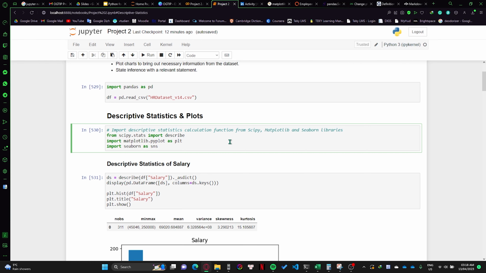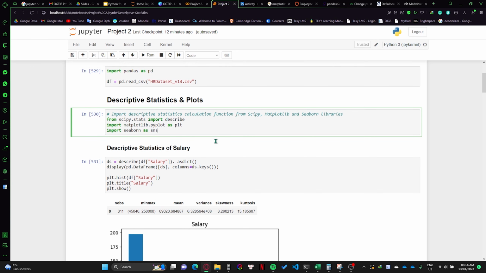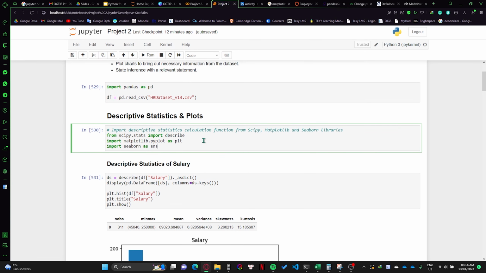For making these descriptive statistics, I'm using the describe statistic calculation function from the SciPy library. And for plotting the graphs, I'm using Matplotlib and Seaborn libraries. The Seaborn library is for plotting the heat map.